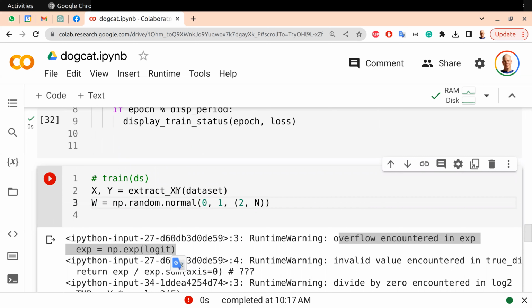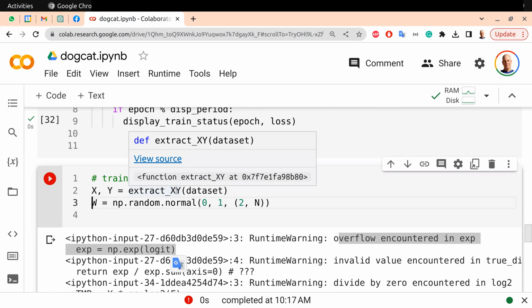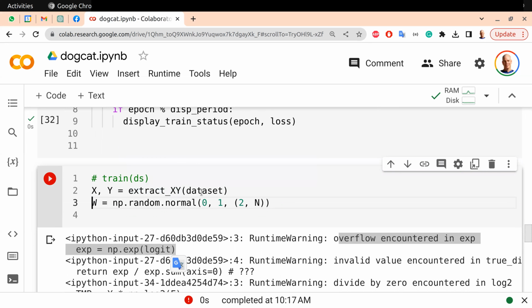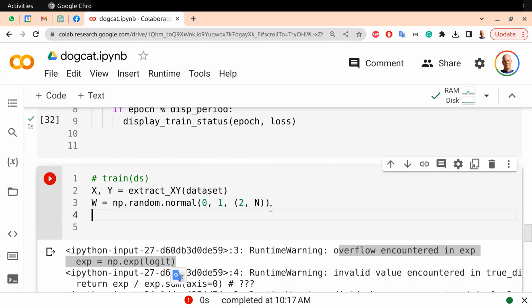I'm using the same initialization I'm using in train. So first I converted the data set to XY matrices. I initialized a parameter, a matrix, and then I just want to run F. So let's do something like that.